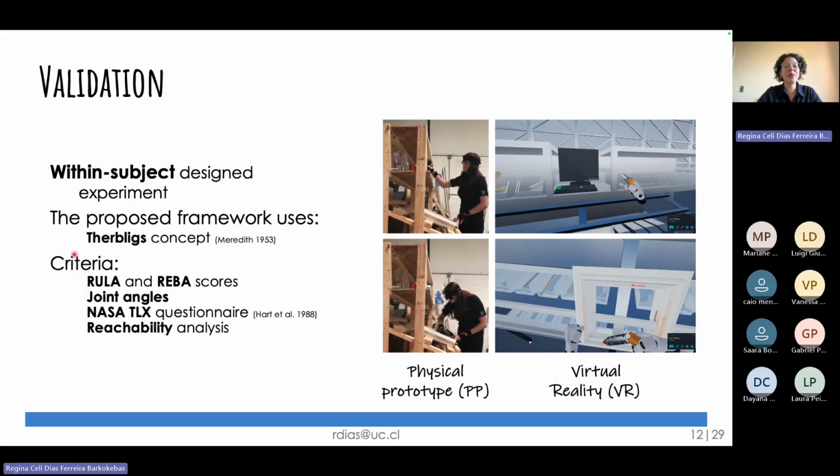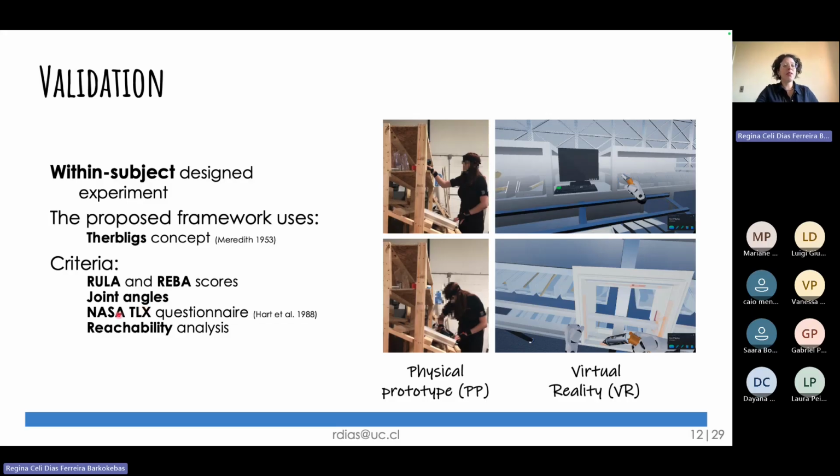So the criteria to verify if the virtual reality was equivalent, or at least at an accuracy level that we would be satisfied with, was to compare the Hula and Rebase scores, and also to compare the joint angles, which I will mention a bit more when we have a slide with the joint angles.